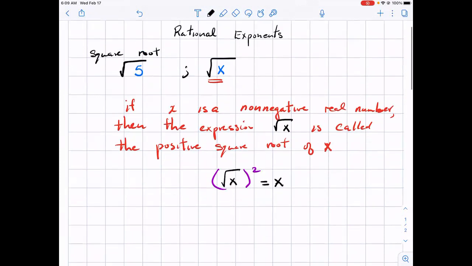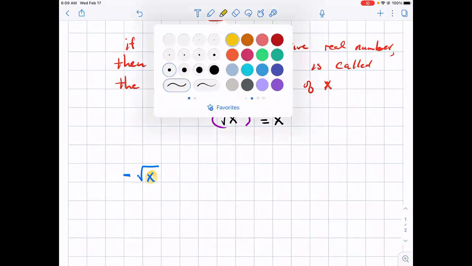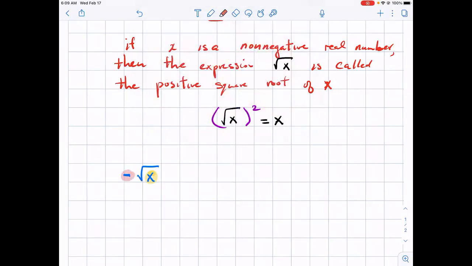Now, there is also the negative root of x. So we also have, and be very careful, the negative square root of x. And this is defined in a similar way. Notice that this here is still positive. The negative is on the outside of the root. So that's something to really pay attention to.